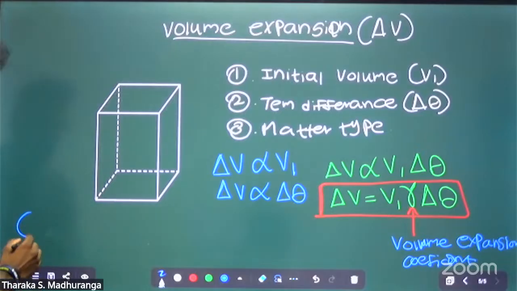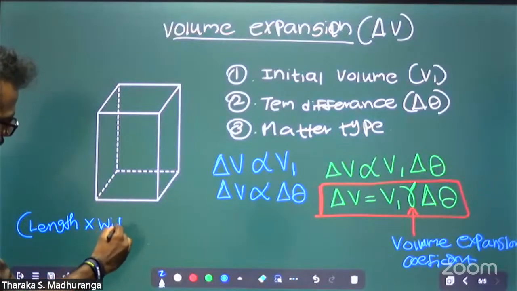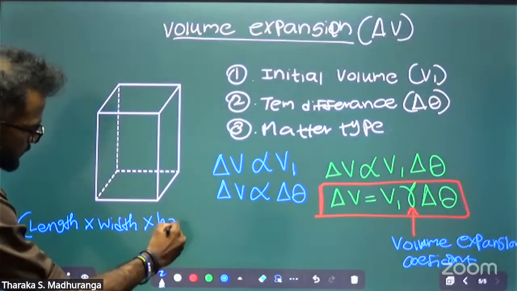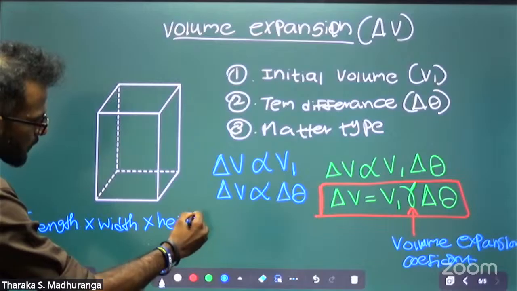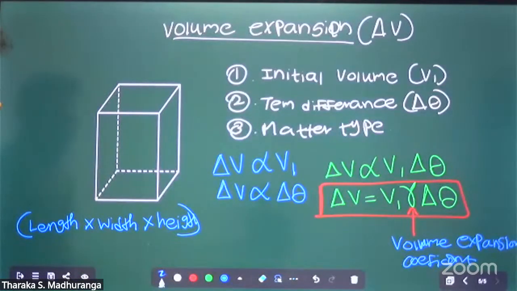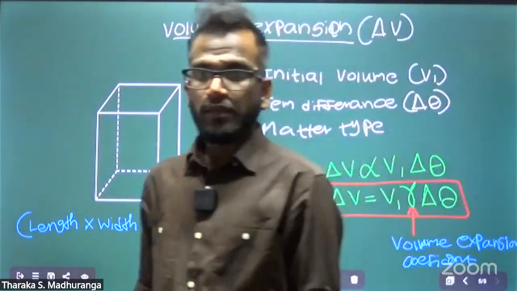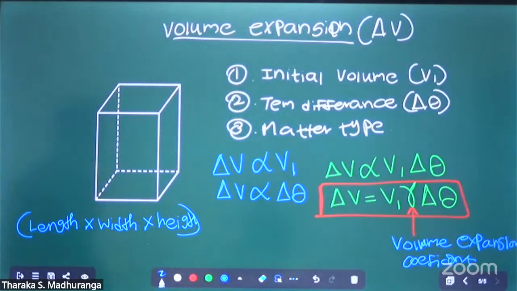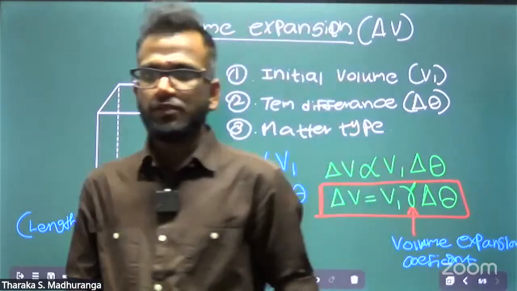Write within brackets: length into width into height. When increasing the temperature, the volume increasing from three dimensions, close the bracket, is called the volume expansion.